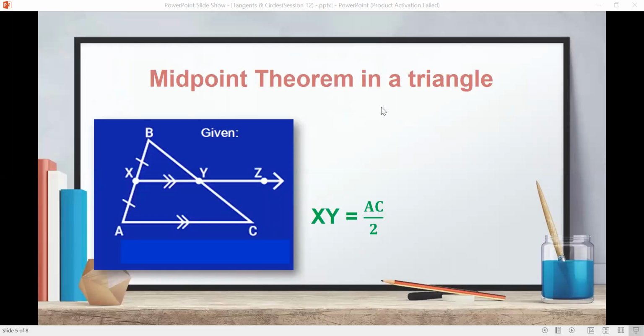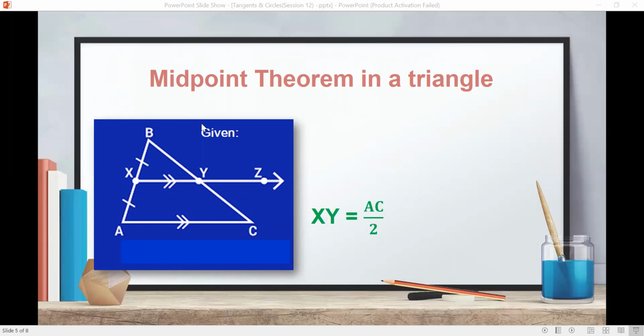Now we will switch to the midpoint theorem in a triangle. If we consider the triangle BAC, the midpoint theorem says the segment joining the midpoints of two sides is parallel to the third side and equal to half its length.